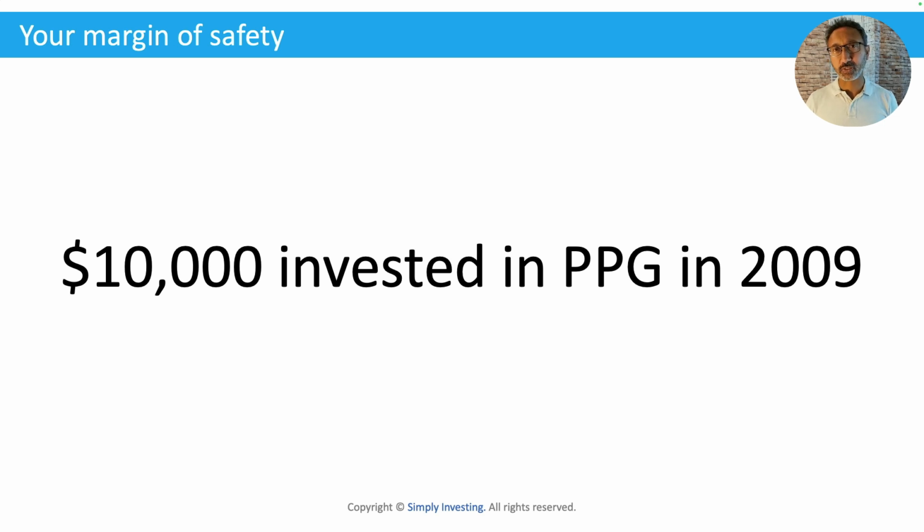What would the margin of safety have looked like back in 2009 and then fast forward till today? Over the span of 15 years, would you have made money? Would you have lost money? We're going to find out right now.